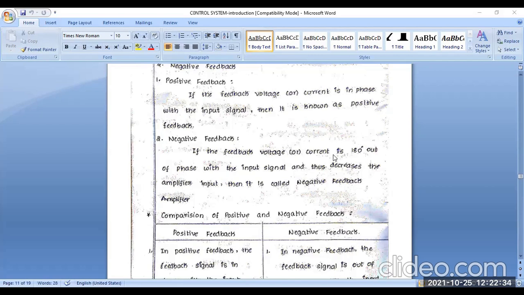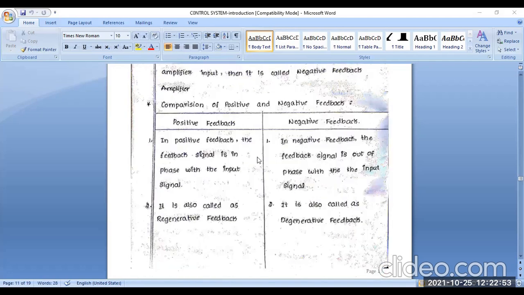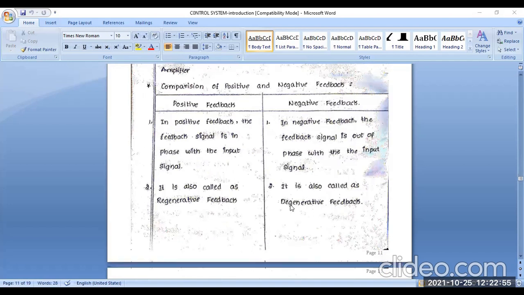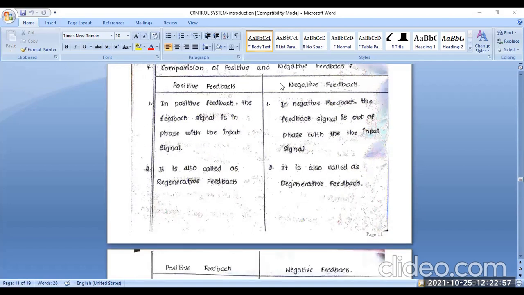And in the negative feedback system, the feedback voltage or current is out of phase by 180 degrees, and in that case it decreases the amplifier input. Then it is called the negative feedback system. These are the basic differences between positive feedback and negative feedback systems we have learned.